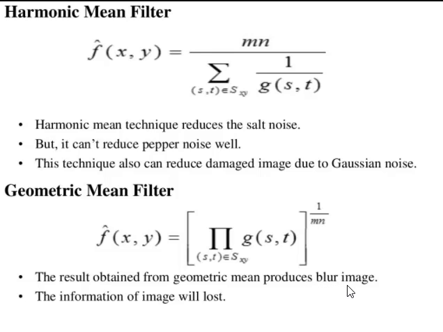So these are the drawbacks of both. There may be a blurred image, so information of the image may be lost. This is the limitation of the geometric mean filter.